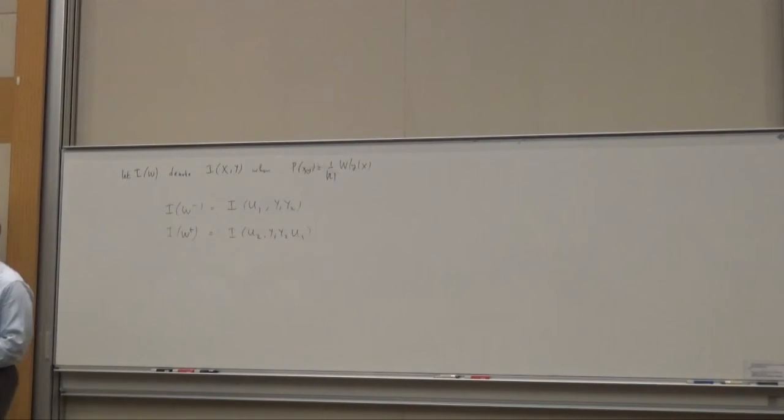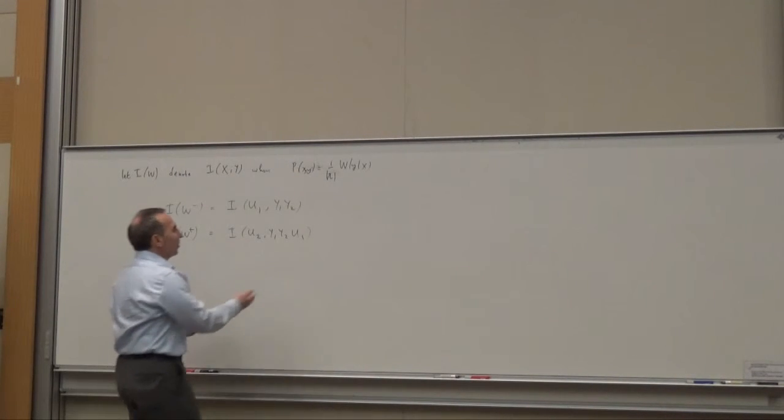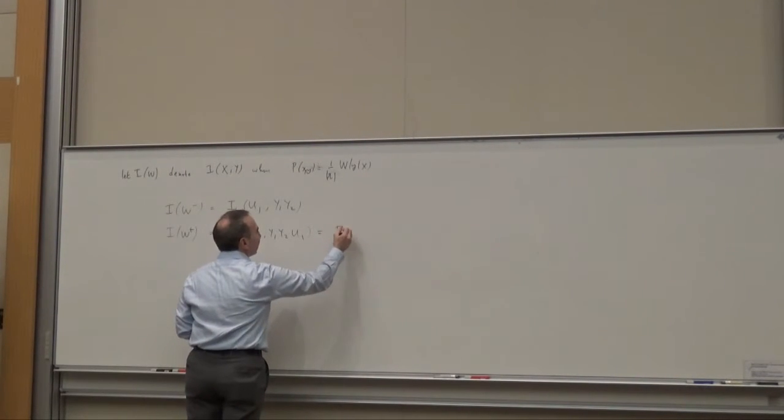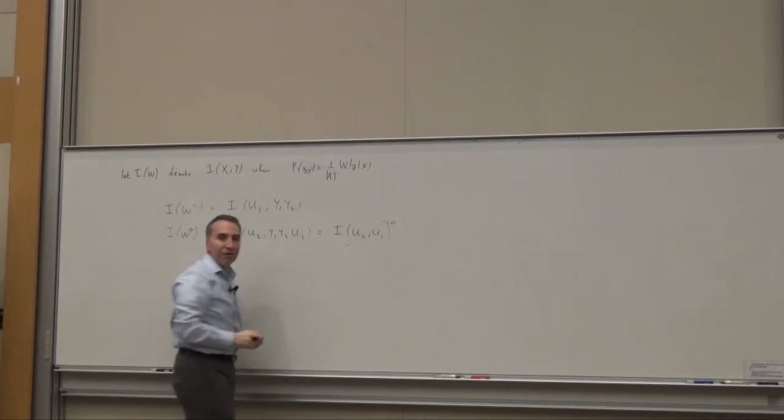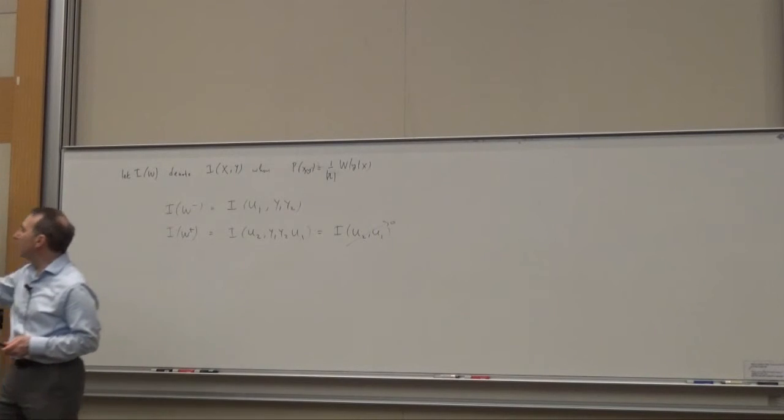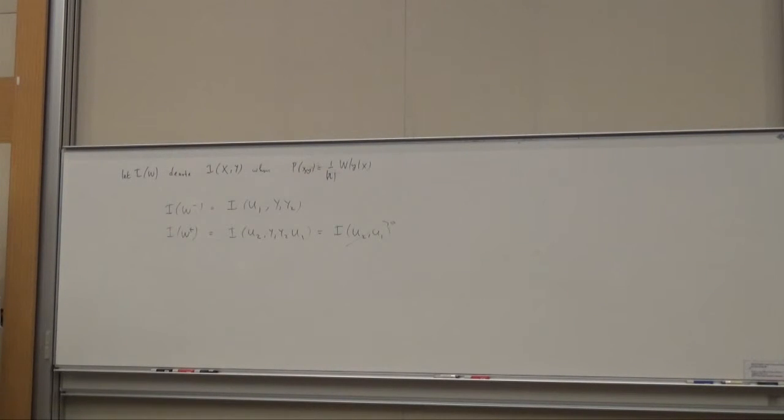Remember this W plus and this helping genie, so its output contains the symbol U1. And note, by the way, also that U1 and U2 are independent, so I can write this as being I(U2; U1), which is 0. I use these channels with independent and uniform fair coin flips.